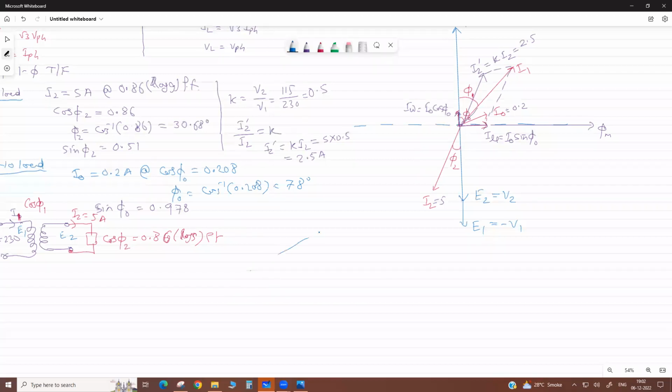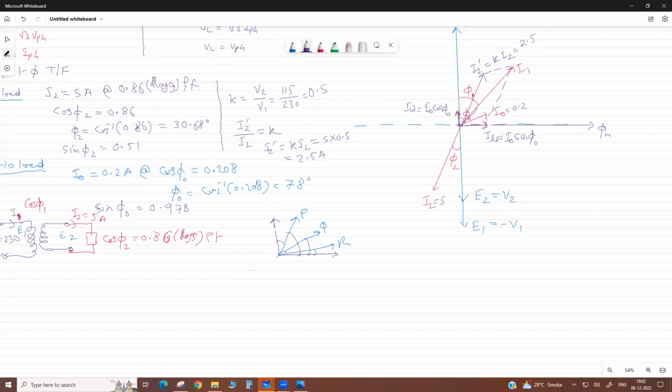Suppose you have a number of vectors at one point, like P, Q, R vectors. How do we calculate their resultant, or vector sum? We resolve these vectors into vertical and horizontal components. We take the horizontal components of all vectors on this axis and the vertical components on this axis.